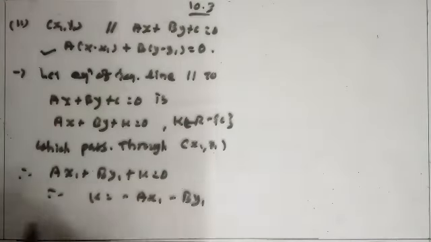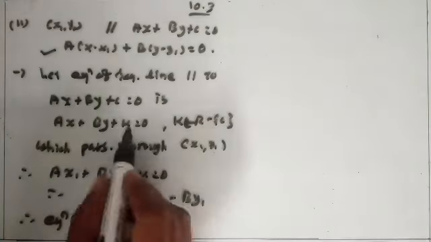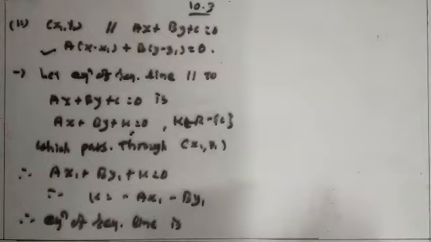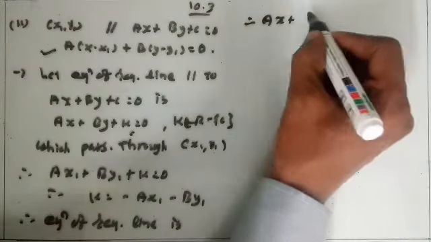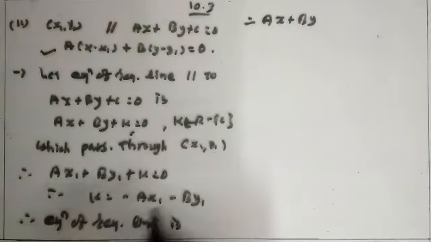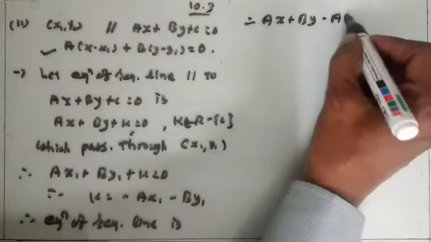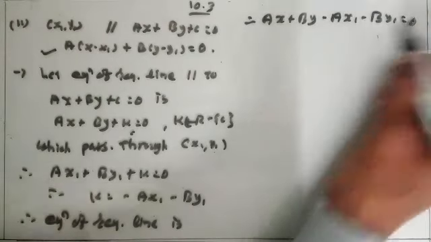Clear? Therefore the equation of the required line is, replace k in this general form of the equation of the required line, we get ax plus by plus k equal to minus ax1 minus by1 equal to 0.